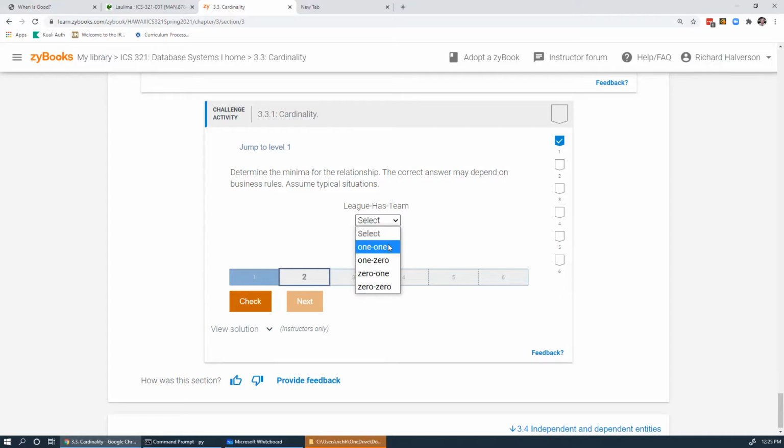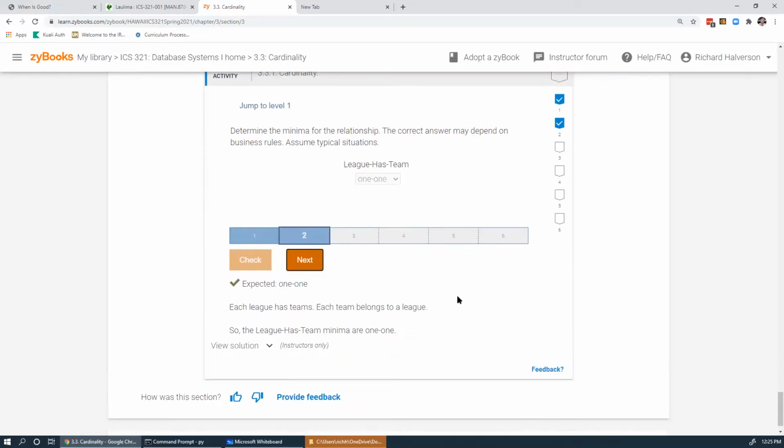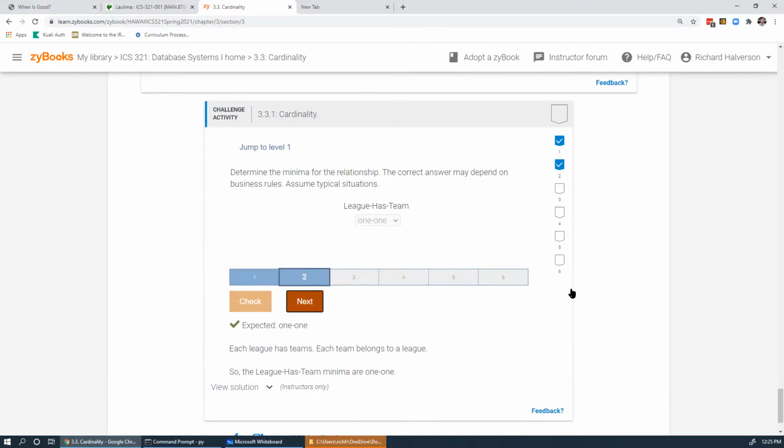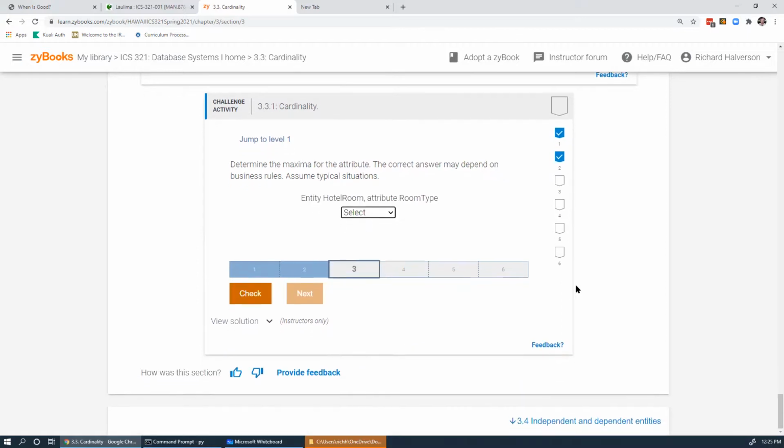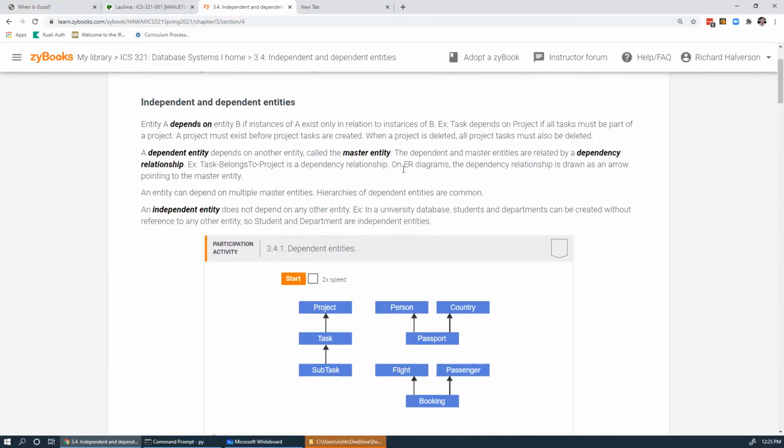I don't know. This is right. Oh, it does. It's right. All right, well, you can continue with that. It's 12:25. Let me see what 3-4 looks like. Okay, independent. Yeah, this is getting pretty important.